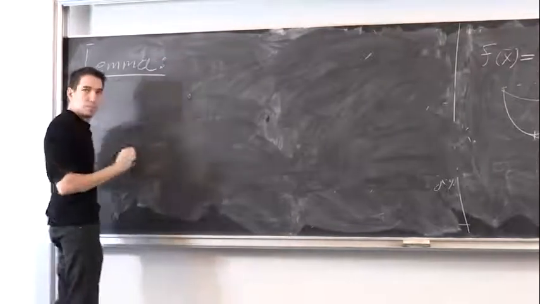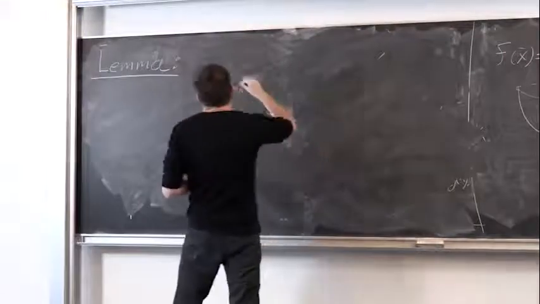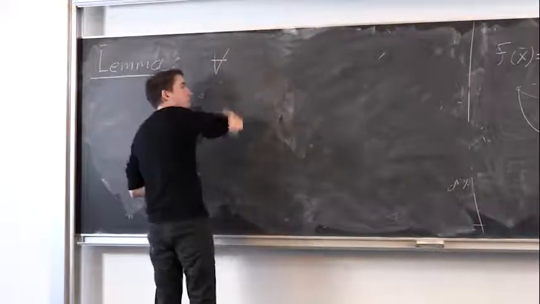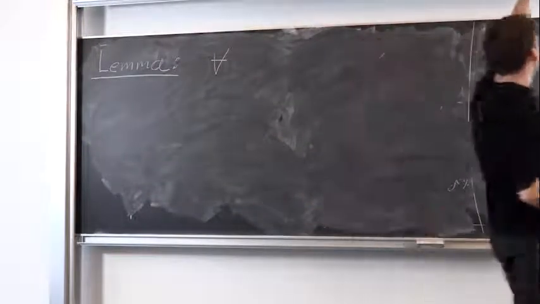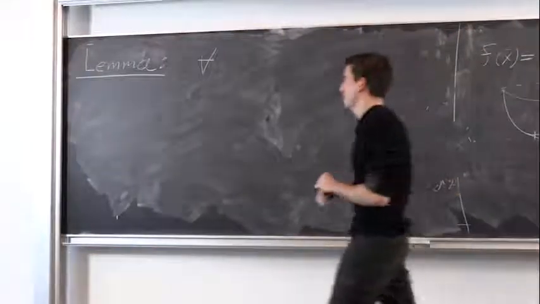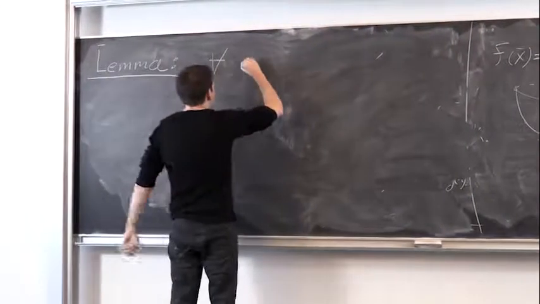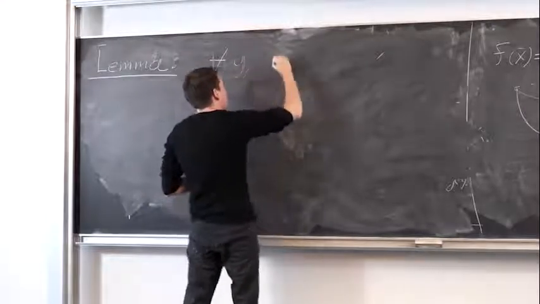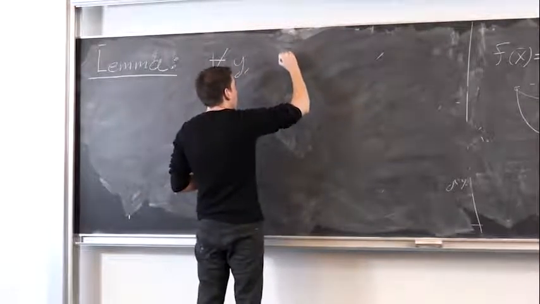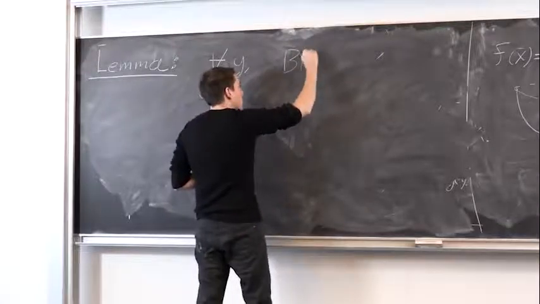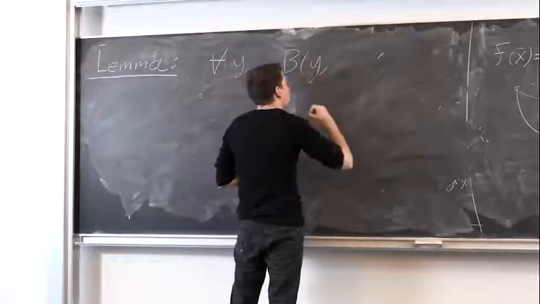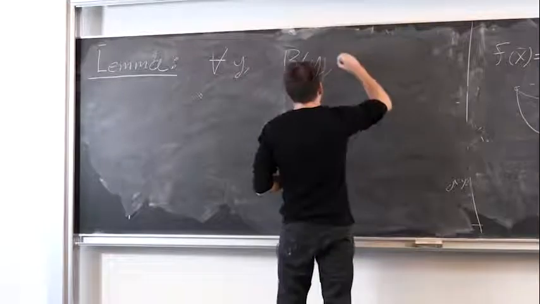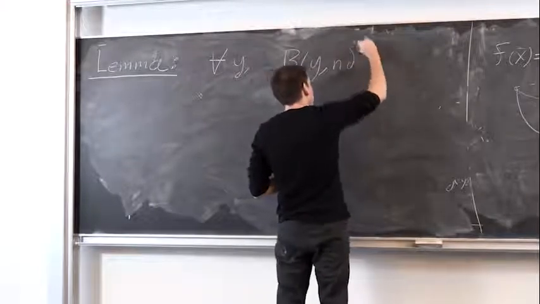This lemma is basically saying that for every ball of radius slightly bigger than delta, for every y, the ball centered at y of radius, let's say, n times delta.